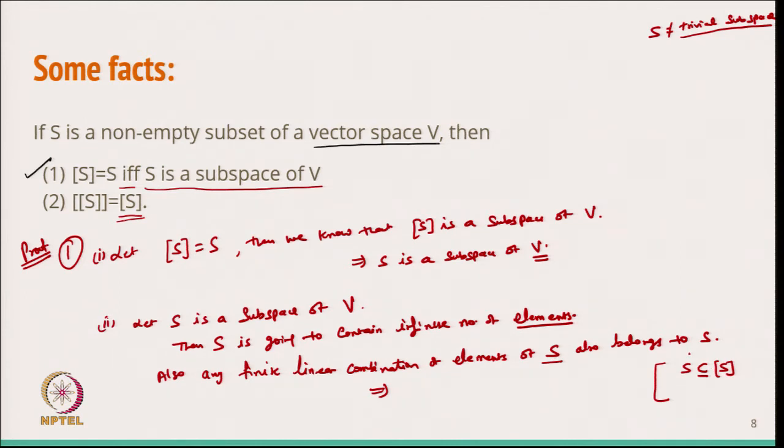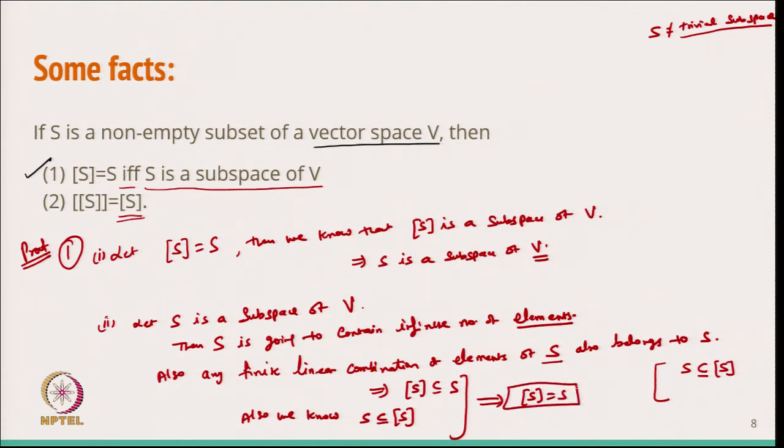Okay, but in this case if I take any linear combination, I can write that this is contained in S, because I am taking all the finite linear combinations of the elements of S, and that also belongs to S. So, from here I can say this. Also we know that S is contained in this one. So, from these two properties I can say that the span of S is equal to S.